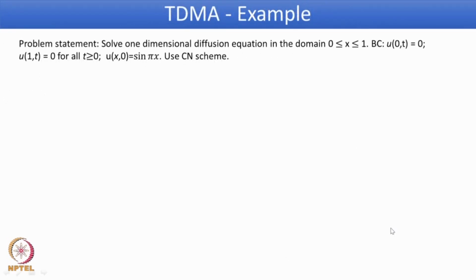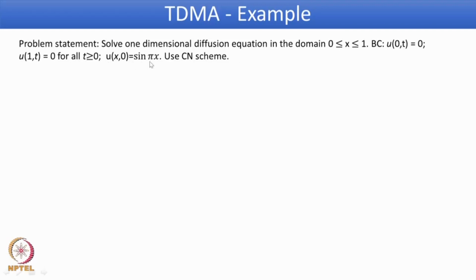We will try to take an example problem and explain the TDMA procedure. Problem statement: solve the one dimensional diffusion equation in the domain x going from 0 to 1 with the boundary conditions u at x equal to 0, comma t, is always 0 and u at 1, comma t, equal to 0 for all time t greater than or equal to 0, and at the initial condition, time equal to 0, we have u of x comma 0 equal to sin pi x.